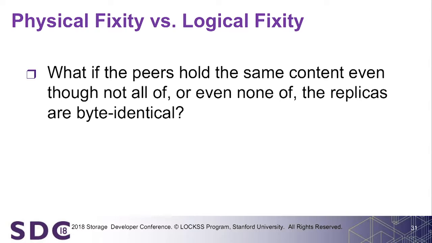It was the norm when we started out, and nowadays, as it gets applied to other types of data, it's not as much the norm. That none of the replicas are identical, and yet this protocol can be used and has this plugin system in place so that this cryptographic hash can be apples to apples, even though the objects are not apples to apples. So you might say, well, then what happens when a repair occurs?